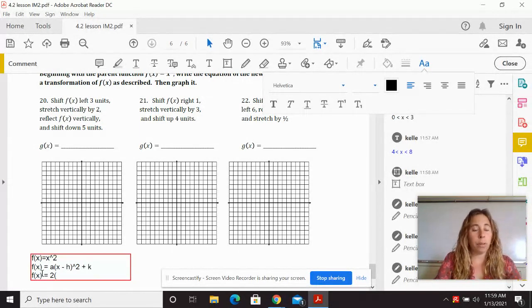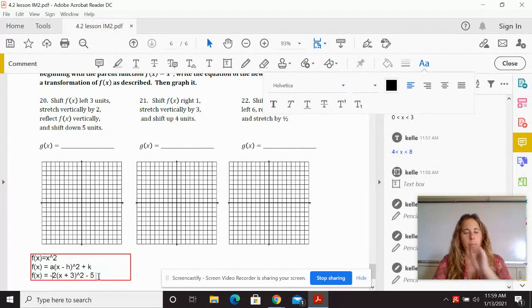And we are also reflecting. So that means this is negative. Then we're going left 3 units. So that's going to be to the left. So that's plus 3, squared. And then down 5, minus 5. So that would be your equation.